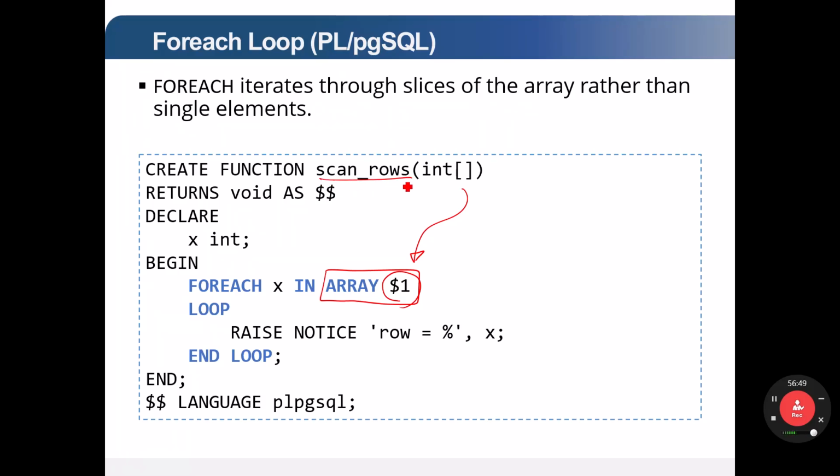So here, the scan rows function takes an integer array type parameter, and when a user calls this scan rows function with an array, that array will be referenced by this special variable dollar number one. If the array is passed to this function as the second argument, then this dollar one should be changed to dollar number two.